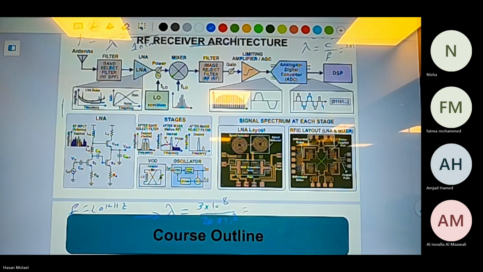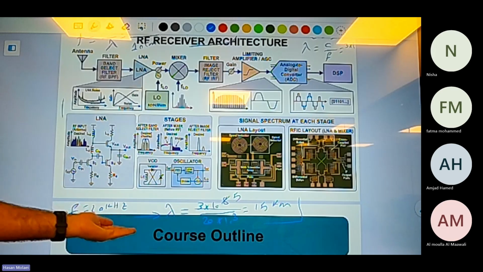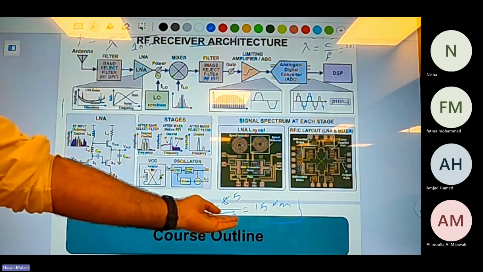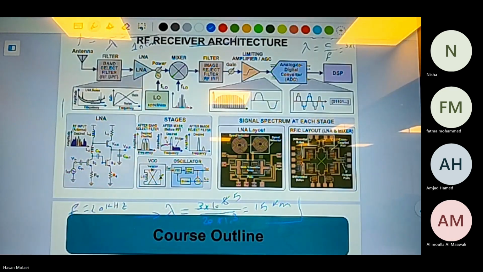Exactly. Around 15 kilometers. That's true. If you want to send your voice signal without any modulation, you need an antenna in the range of 15 kilometers. So how can you do 15 kilometers? Impossible.